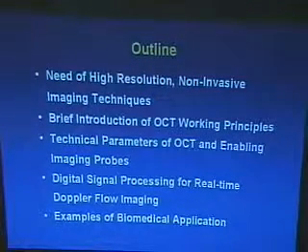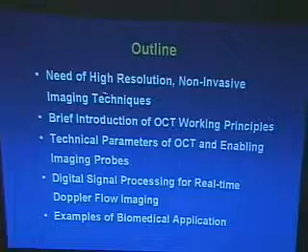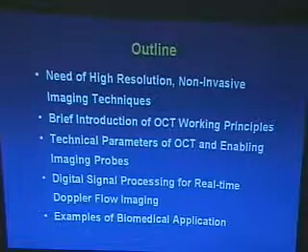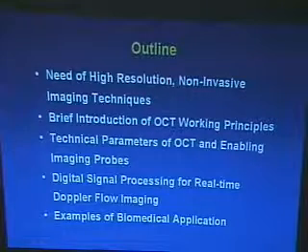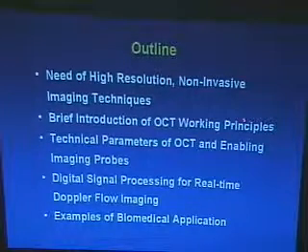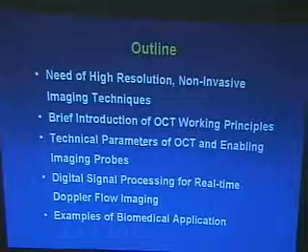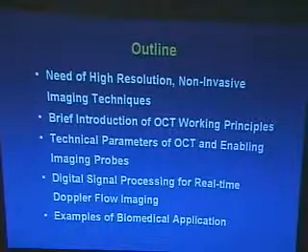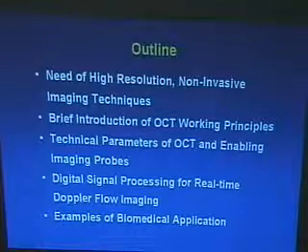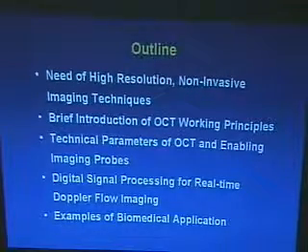To begin with, I'm going to first briefly talk about why we need high resolution for biomedical diagnostics or for monitoring, etc. And then I'm going to briefly discuss the working principle of OCT and some technical parameters of optical coherence tomography, which uses low coherence interferometry as the basic working principle.